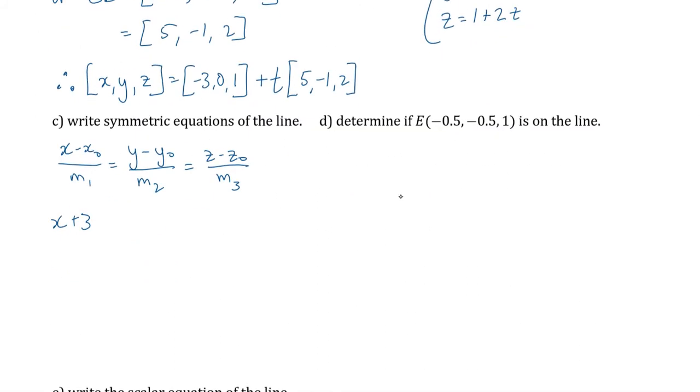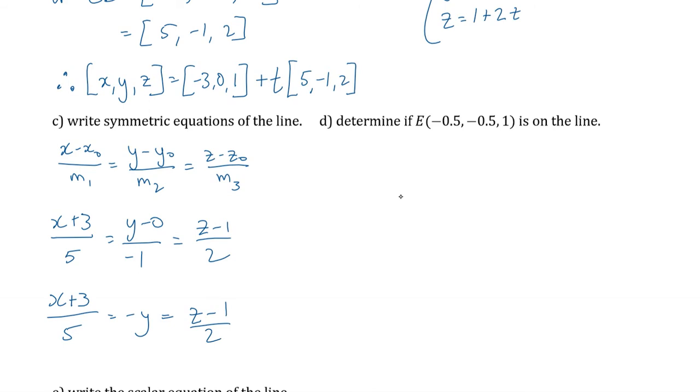Over 5 equals y minus 0 over negative 1 equals z minus 1 over 2. So again, getting them from those values there. And in this case, I would probably not write it like this. I would actually write it like this, simplifying the middle one there for y, because that's just a better way of writing it.